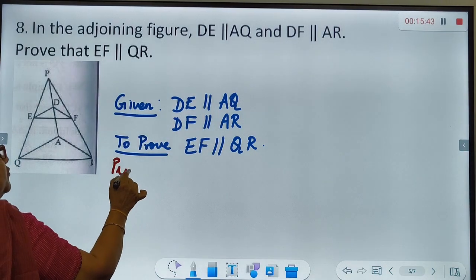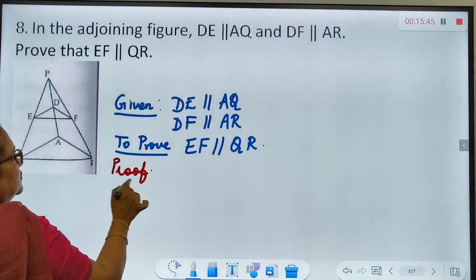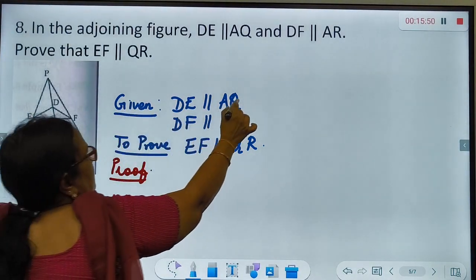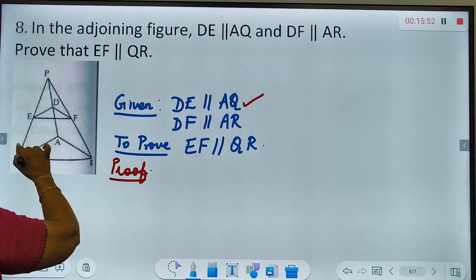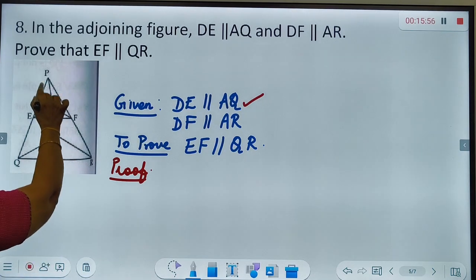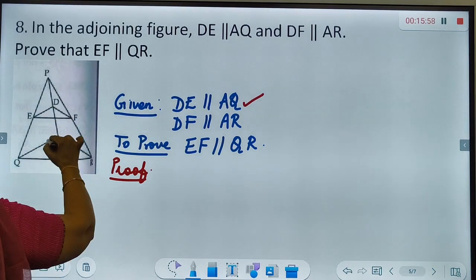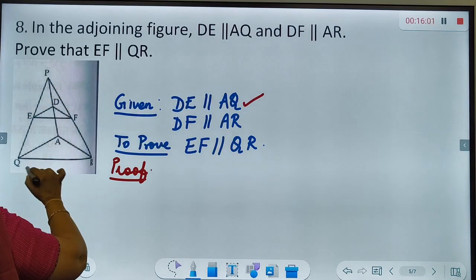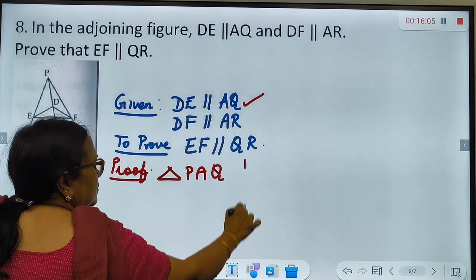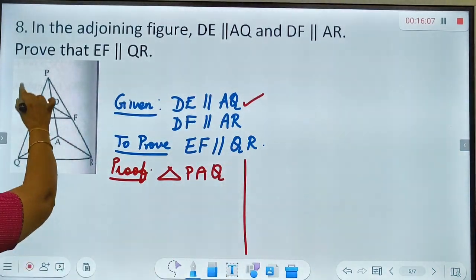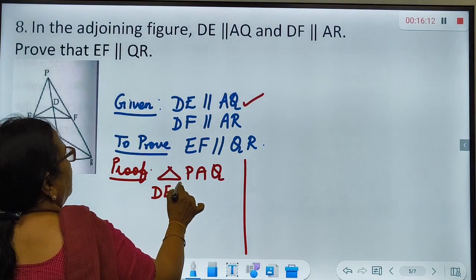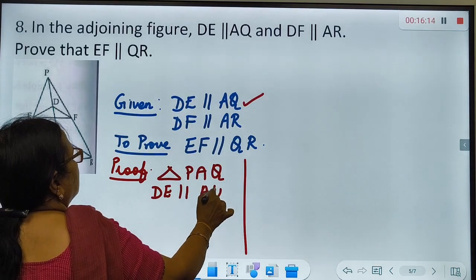Now let's look at the proof. What is the first one? DE is parallel to AQ. So I'm going to look only at this triangle. What is that? PAQ. In triangle PAQ, DE is parallel to AQ.